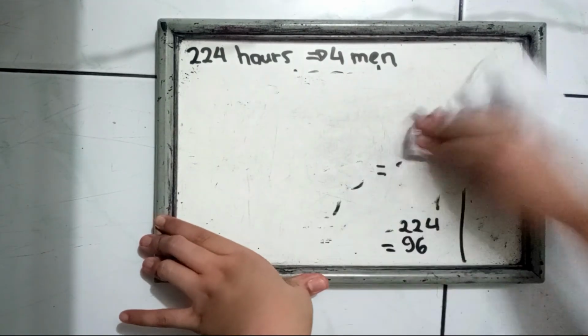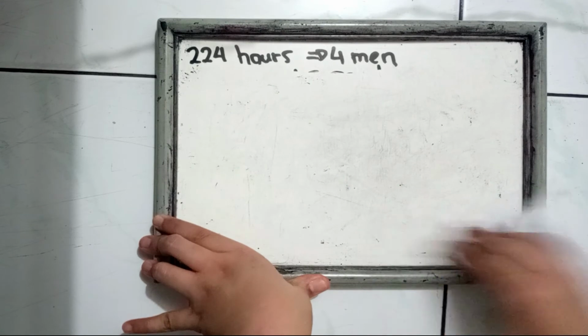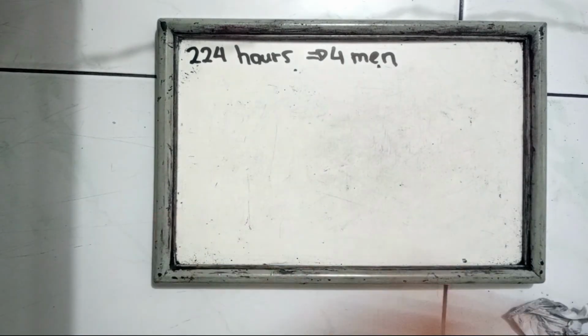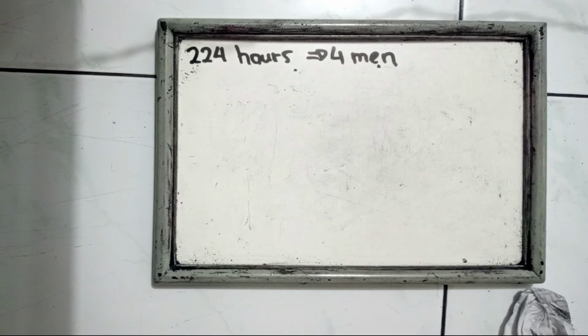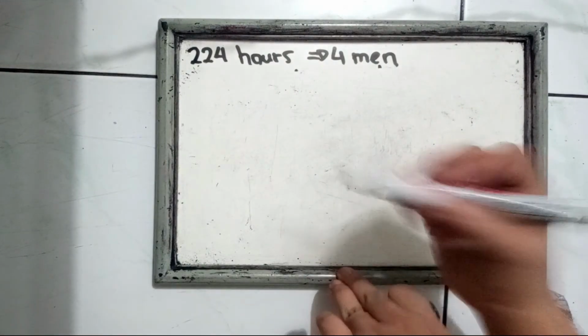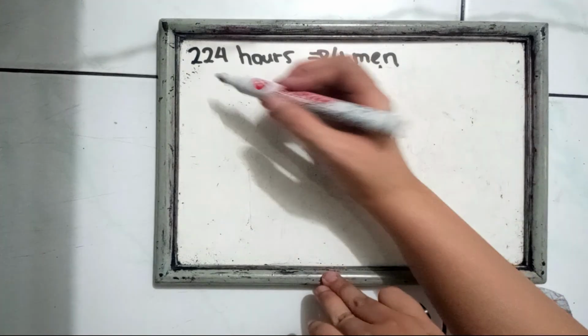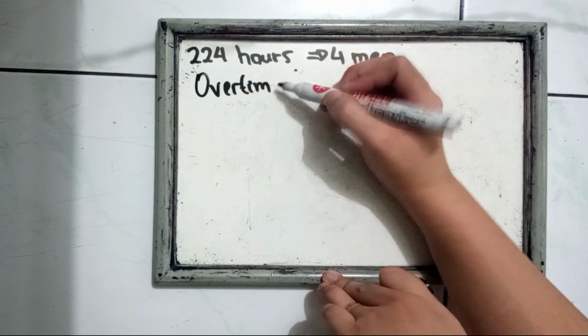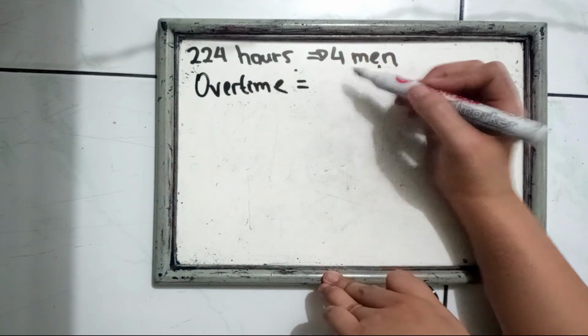Let's find how much money they got for working overtime. It's written, for working overtime, the rate of money that they will get is 1.5 times their hourly rate. Yeah, the overtime. So it means how much will they get?